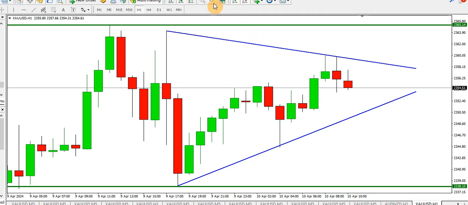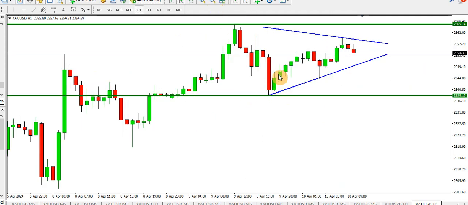All right, the triangle price is expected to test the low of this triangle around here, and then we might see something like this.